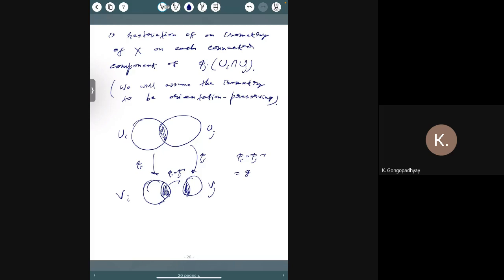I hope the definition is clear. Let me just note down.